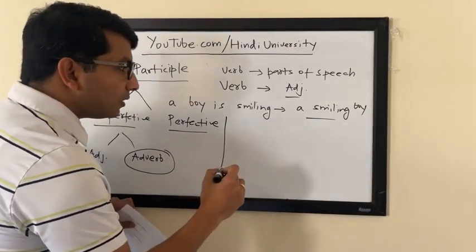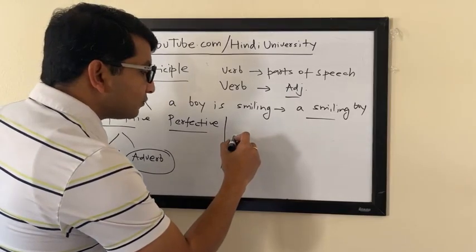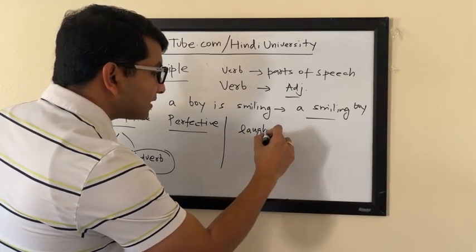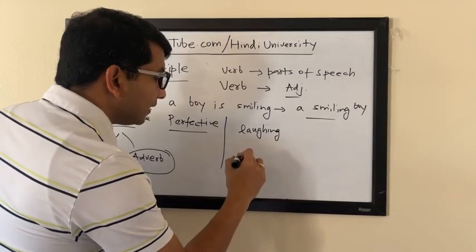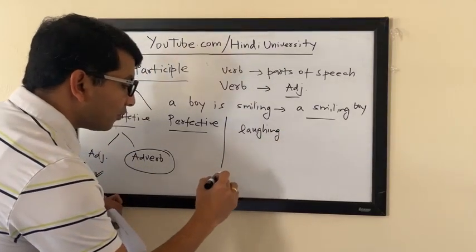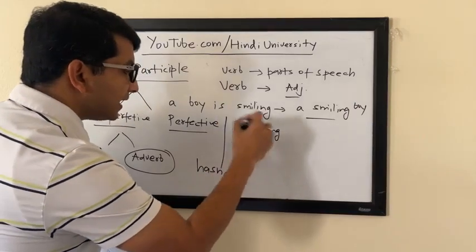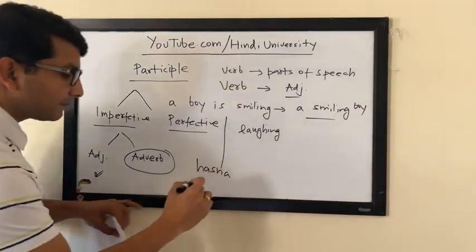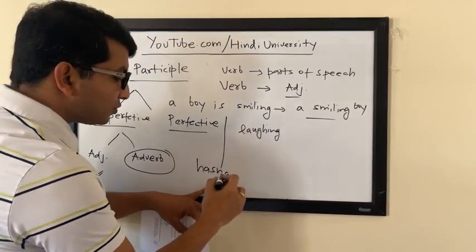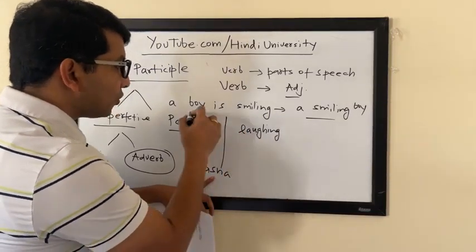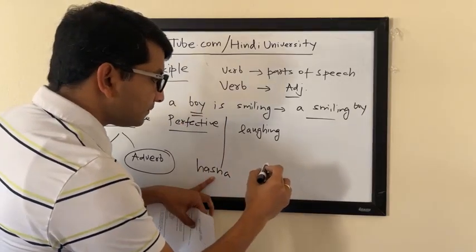Now, if you recall, to smile is muskurana, and for the sake of example, if I were to say the boy is laughing, the verb was hasna, and you will say, ladka has raha hai. When it is used as a verb, you remove na and say has raha hai because boy is masculine singular.